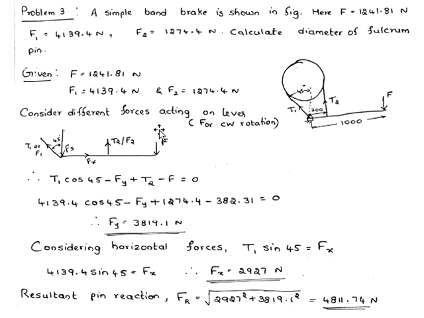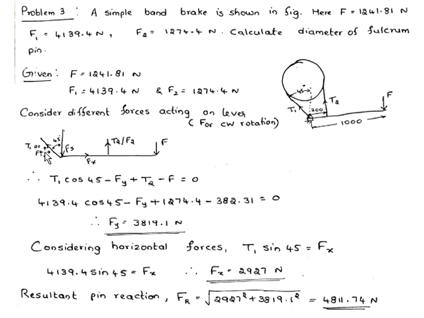Apart from these three forces, there will be one vertical reaction on this pin, fulcrum pin, and there will be one more horizontal reaction. I am writing this vertical reaction as Fy and horizontal reaction as Fx. Just balance all the forces acting in vertical directions.